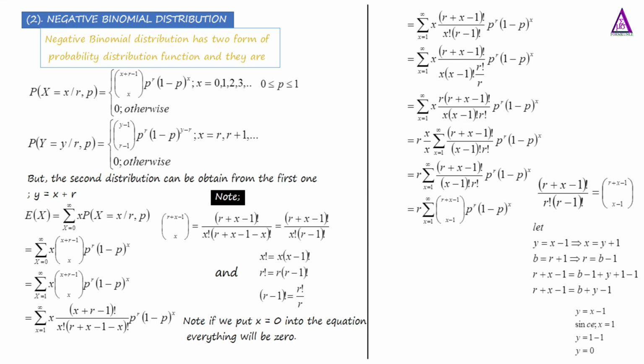Expanding the combination in equation 3, we have equation 4, which is the summation of x from 1 to infinity of x into the bracket (x + r - 1) factorial divided by x factorial into the bracket (r + x - 1 - x) factorial, multiplied by p raised to r into the bracket (1 - p) raised to x.